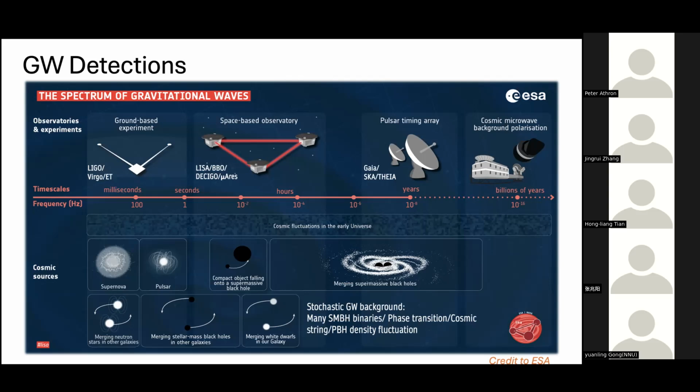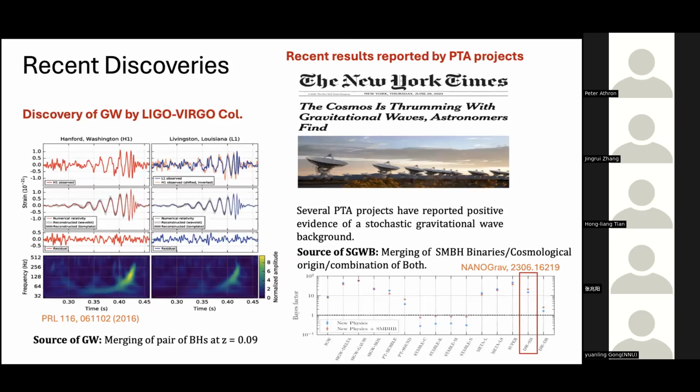The answer is that we have actually detected gravitational waves in the past couple of years. The first discovery was made by LIGO Virgo in 2015, which suggested that the gravitational wave originated from the merger of black holes. Then we also have the recent discovery by the PTA project, which detected gravitational waves with a frequency of nanohertz.